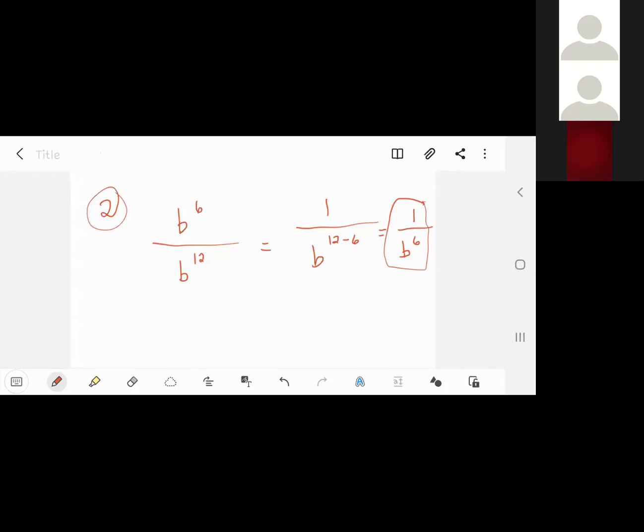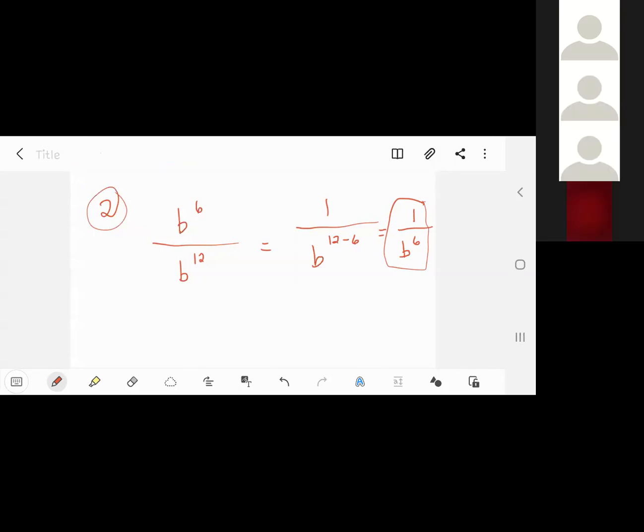Kung mas malaki ang exponent sa denominator, you subtract the variable sa baba. That is rule number 2. Okay, next.